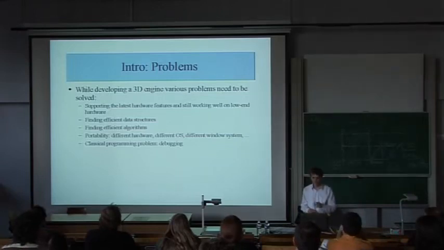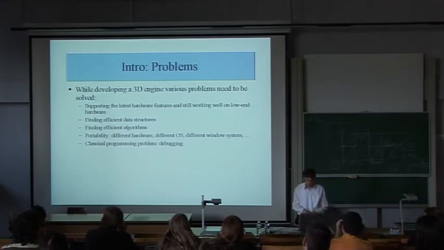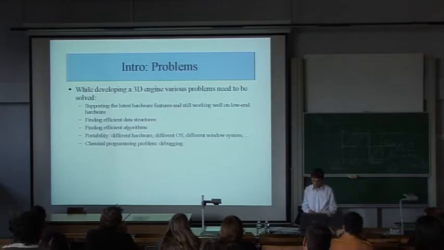I will go into more detail about all of these later. One of the major issues is portability. Different hardware, different operating systems, different windowing systems. And the classical programming problem that probably everyone who has ever programmed has encountered is debugging. It's, of course, unfortunate, but very needed.